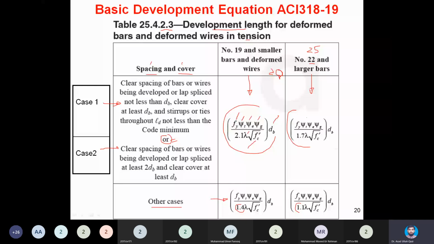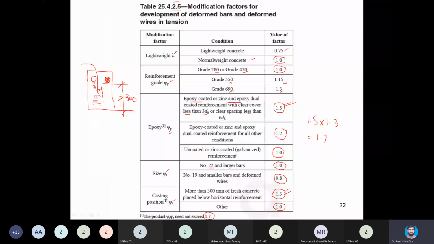So I am actually working on number 22 and larger bars. So I will select the second column. First, let's take the first row and assume that case 1 or case 2 will be present in the project. Then what is the expression? It has 1.7 in the denominator.